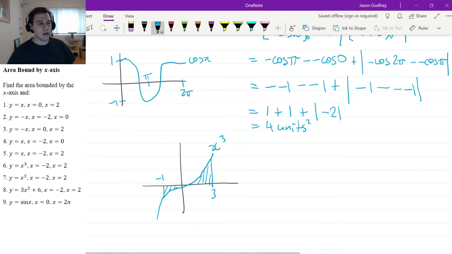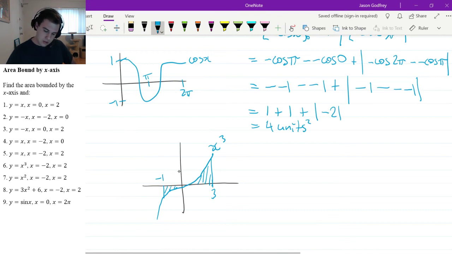We're going from negative 1 to 3. They're not the same number. They're not both 1, they're not both 3. So the problem here is that if you integrate from negative 1 to 3, this piece here is going to be negative, and so it's actually going to cancel out this bit up to 1 here. So even though if you integrate this, you're going to get a non-zero number, it's going to be incorrect.